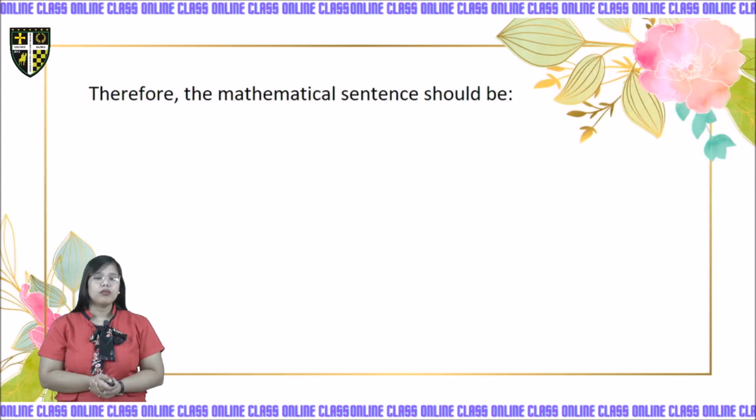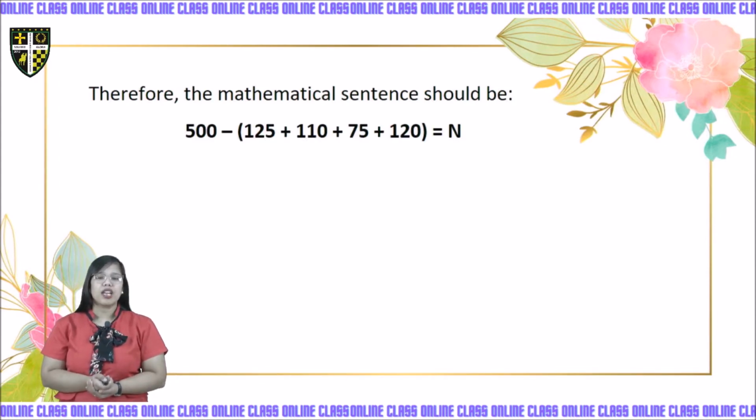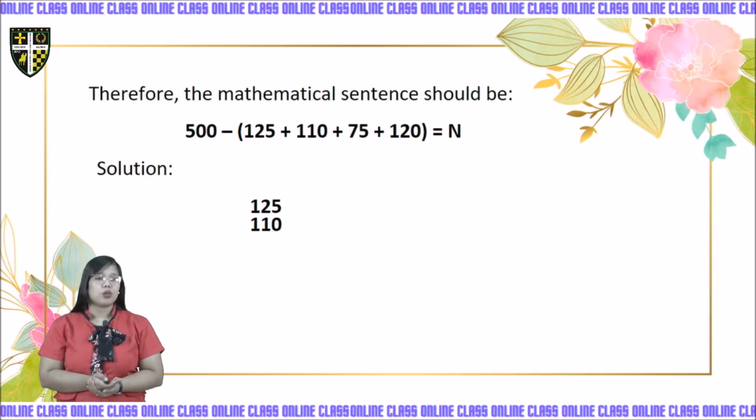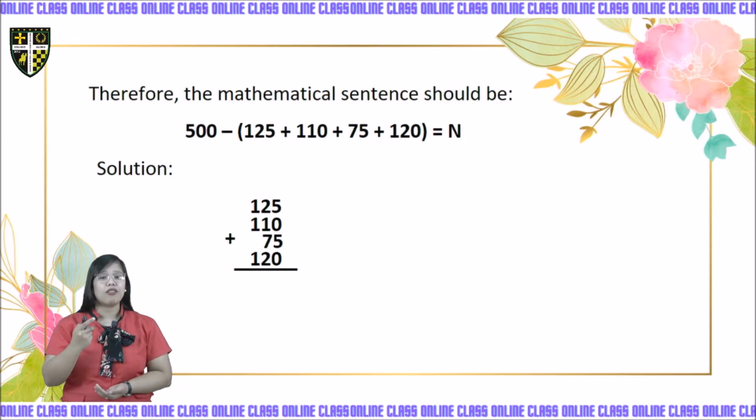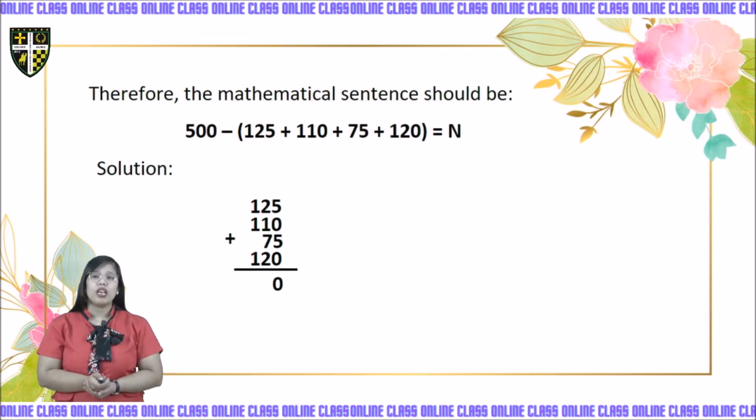So, therefore, the mathematical sentence should be 500 minus the quantity of 125 plus 110 plus 75 plus 120 equals n. So, let's write it. 125, 110, 75, 120 plus. We will add the four numbers. But first, we will add 5 plus 5, equals 10.